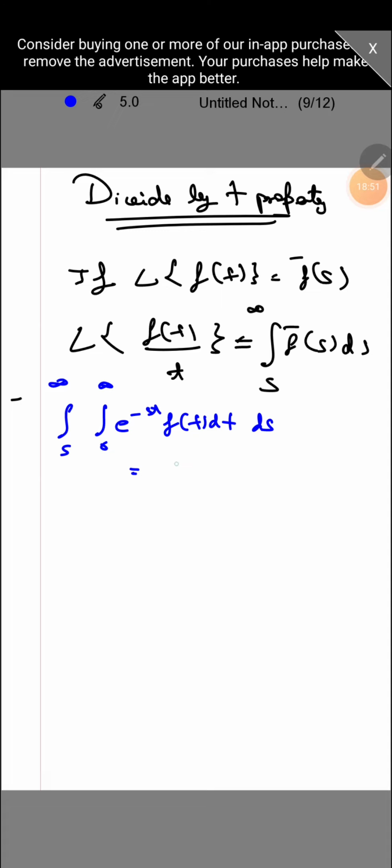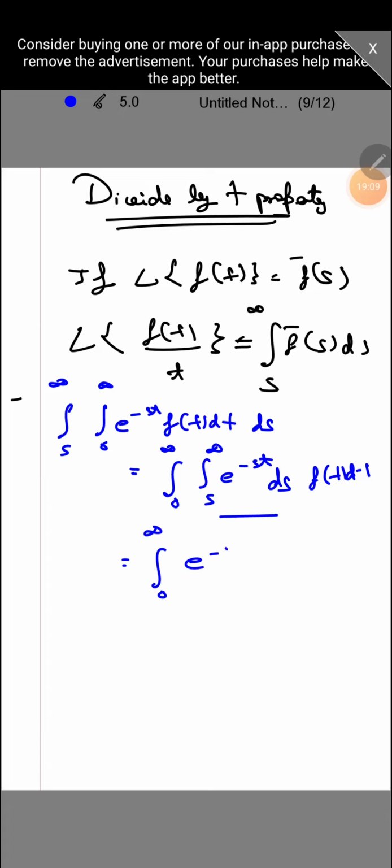So this basically equals 0 to infinity integration s to infinity e to the power minus st times ds, then you have f(t) dt. So this equals integration 0 to infinity, here you have e to the power minus st over minus t from s to infinity, here you have f(t) dt.